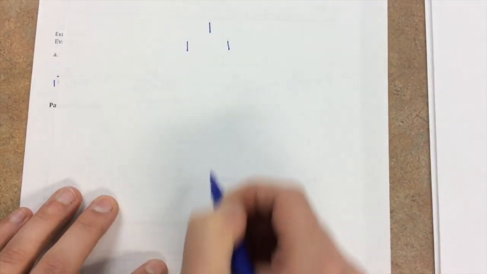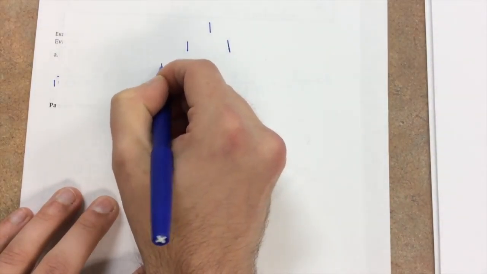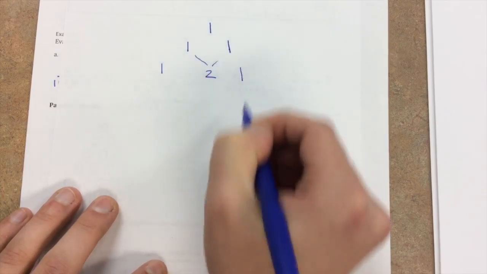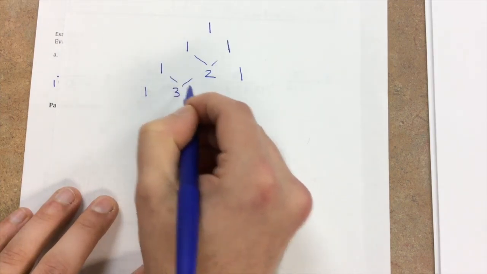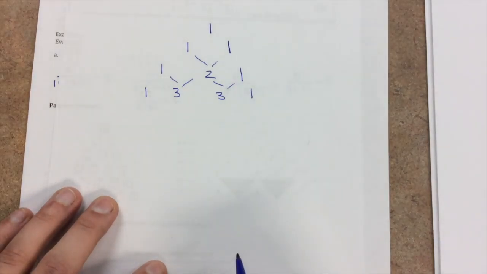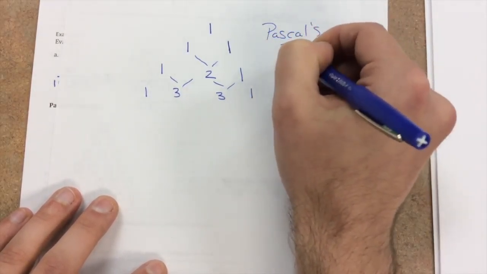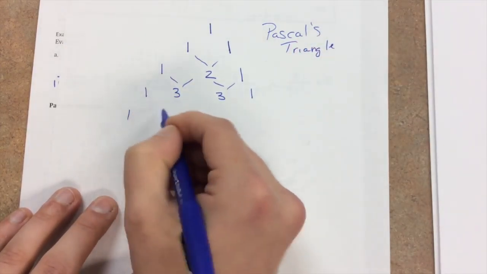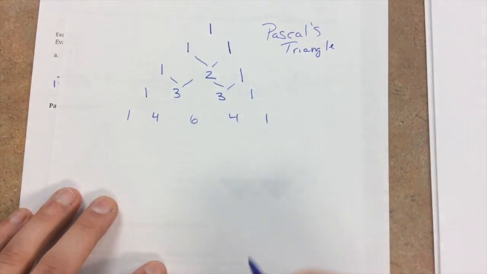So if you start with a triangle and on the outsides you have 1 and you have 1, and add these two together, you get 2 and then 1, 1. Add these two together, add these two together. Again, Pascal's triangle. The next one would be 1, 4, 6, 4, 1.